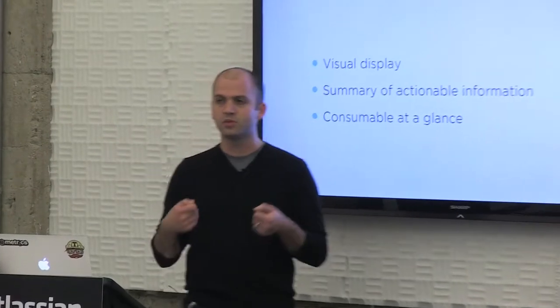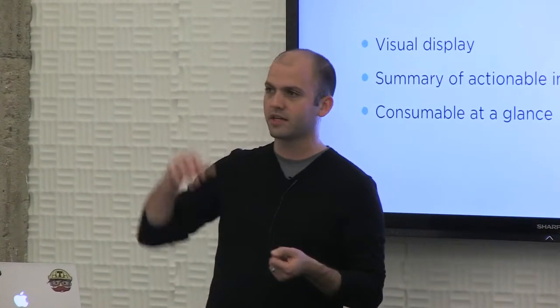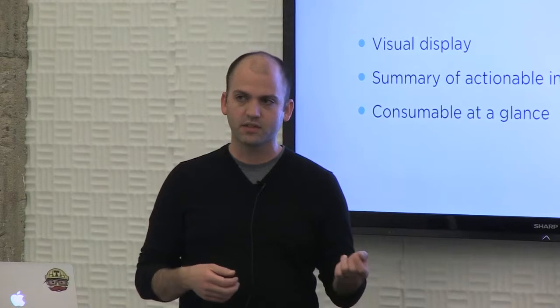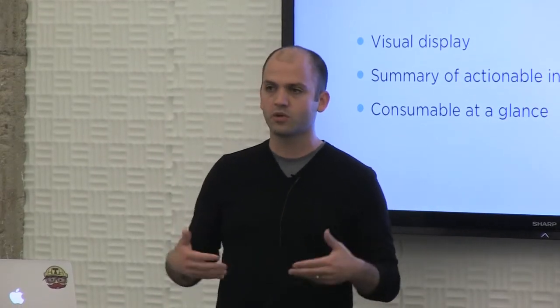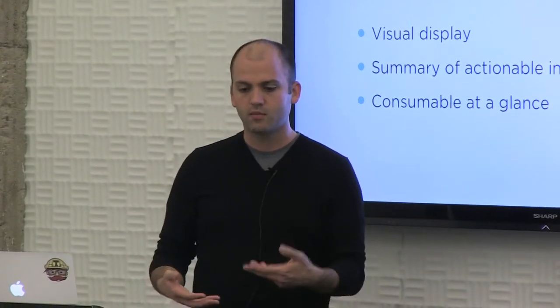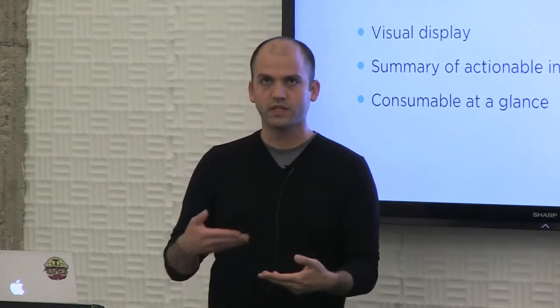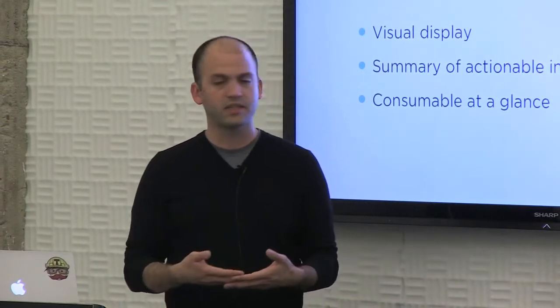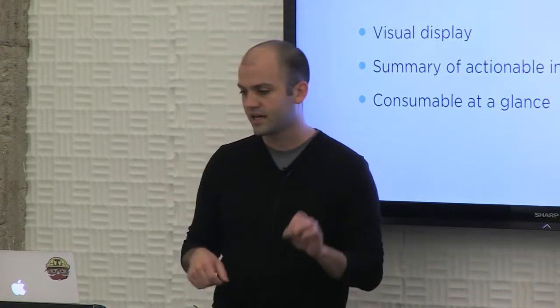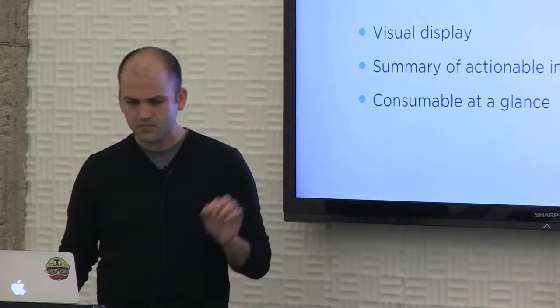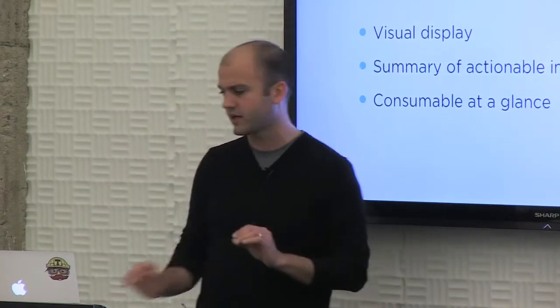And it's going to be consumable at a glance, right? Our brains will be able to look at it, glance, and recognize everything's fine or something's wrong. If something's wrong, we're going to drill into more specific query interfaces or correlation machines to look at the actual specific problems.